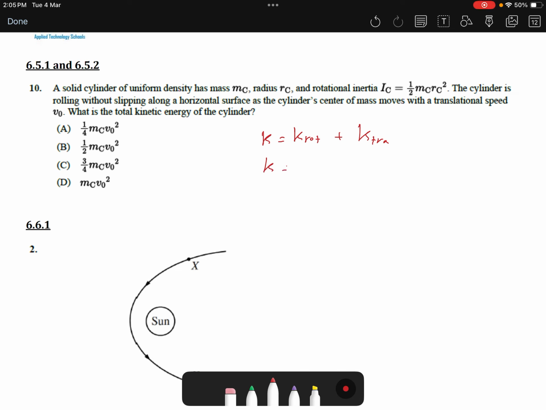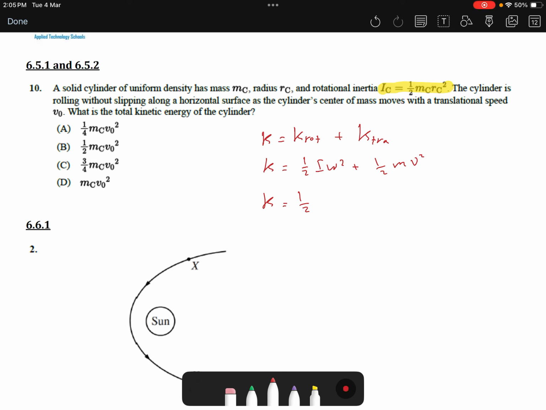The rotational kinetic energy is 1 over 2 I omega squared. The translational kinetic energy is 1 over 2 mv squared. So the total kinetic energy equals... What is I? I is the rotational inertia, which is given in the formula in the problem.